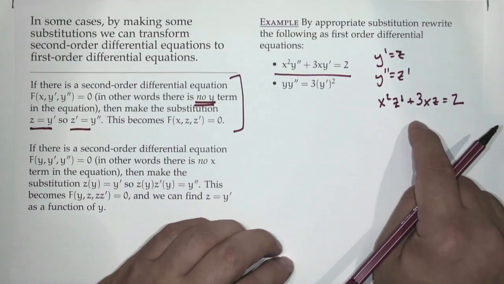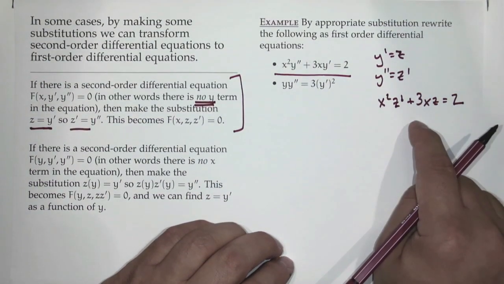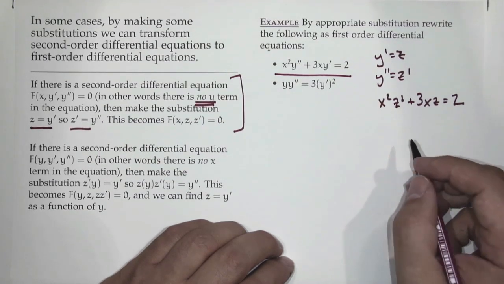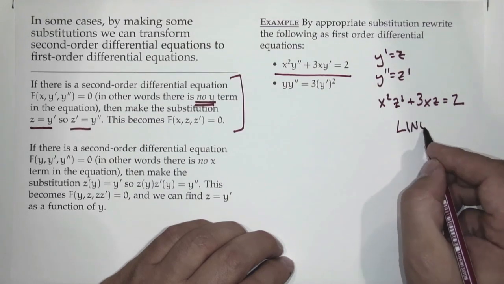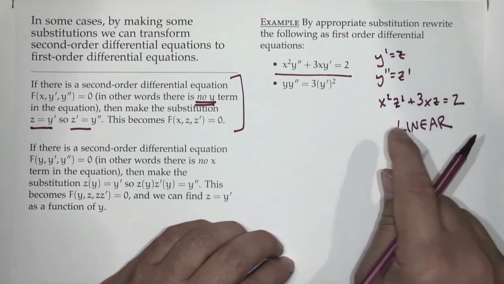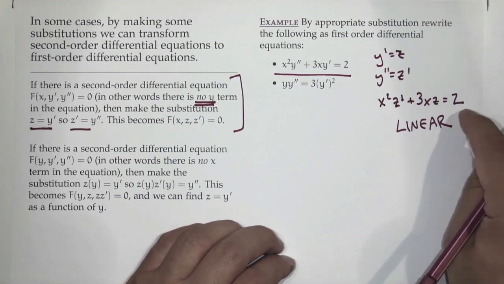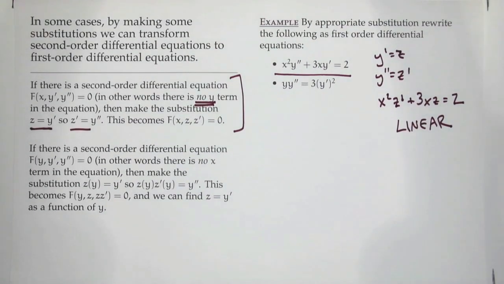And what kind of differential equation is this? It's linear. So this one, you have a challenge separating it because of that 2. If there wasn't the 2 there, you could get away with it.